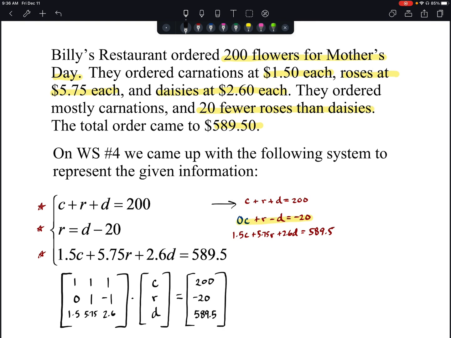So to get our answer, again, we are trying to isolate this one. So we're going to have to multiply by the inverse of that one. So it should look like this. We'll have our C, R, and D equals, just go ahead and write them in.